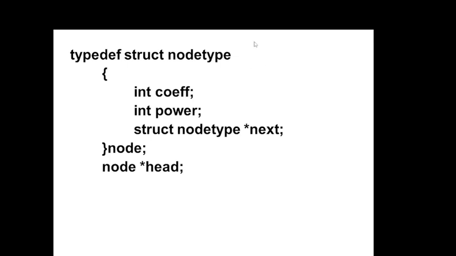So we all know what a polynomial is. We can represent the polynomial as a function. Let's say f(n) is equal to 4n cube plus 5n square plus n plus 1. So this is a polynomial, and in this polynomial, this 4 is called the coefficient.